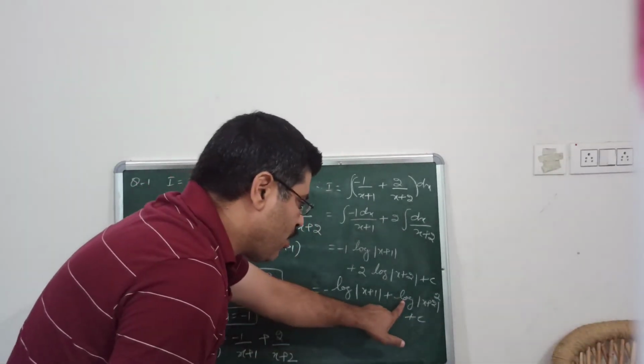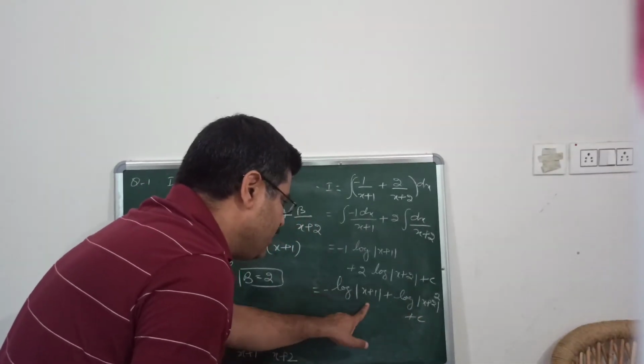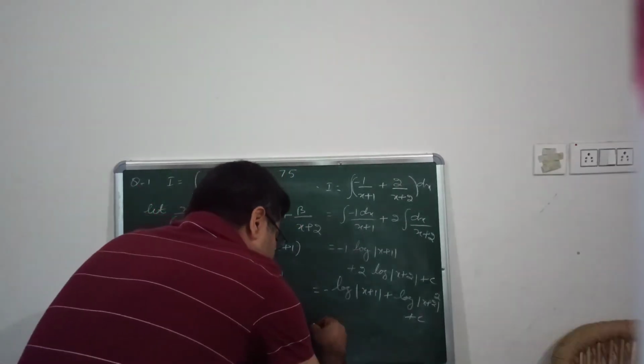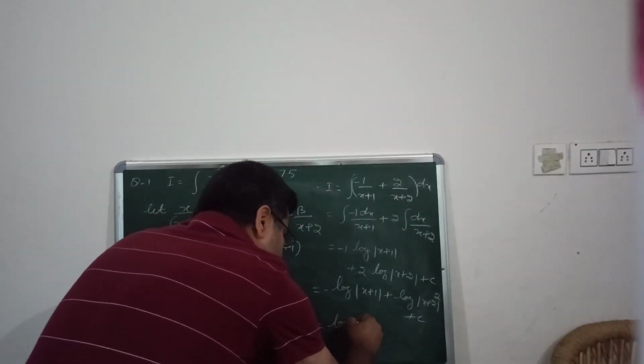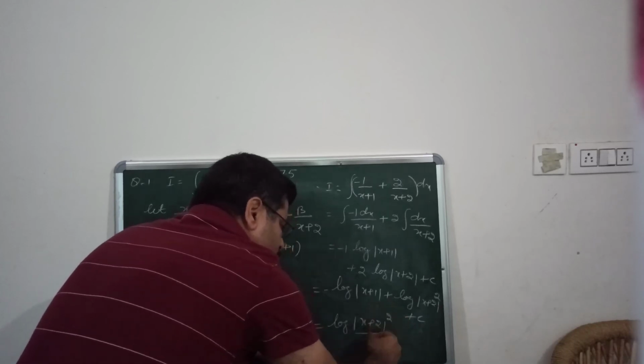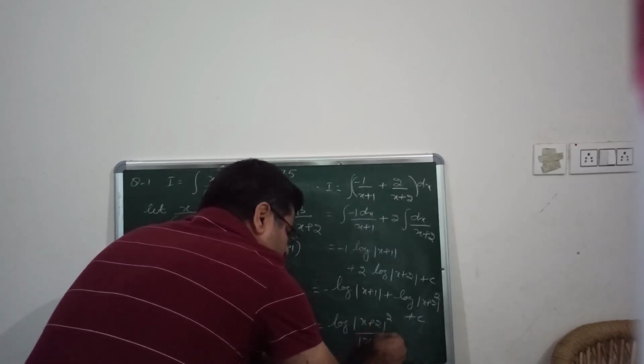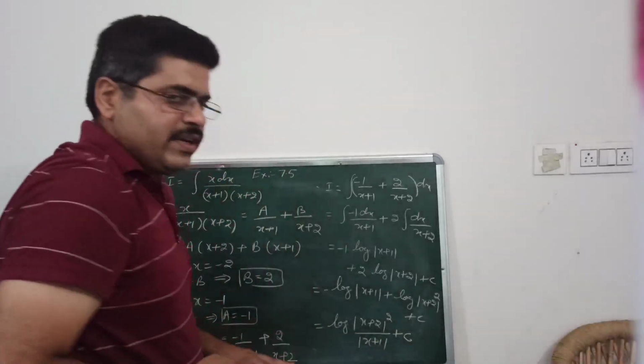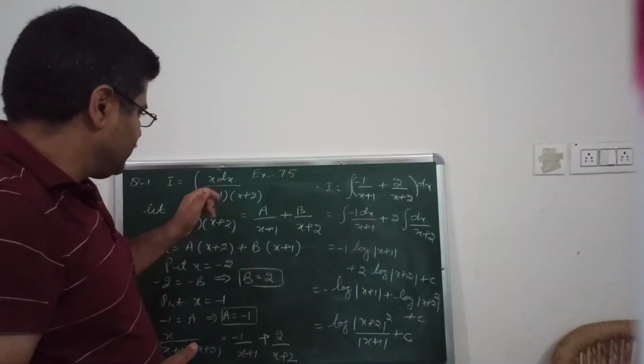Now log a minus log b is log a upon b, which can be written as log mod (x plus 2) square upon (x plus 1) mod, plus c, constant of integration. So it is the integration of this function.